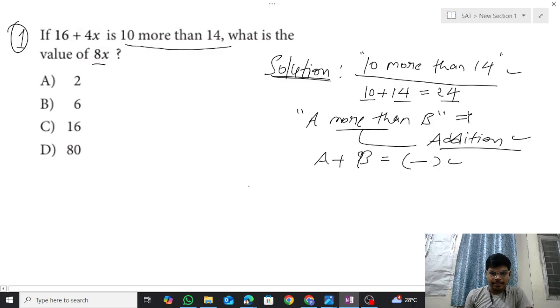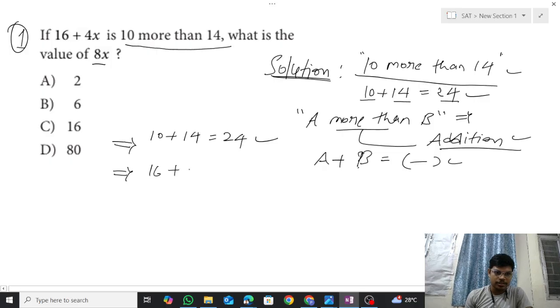Let's solve the question and see what condition it creates. 16 plus 4x is 10 more than 14. So 10 more than 14 is equal to 24. Sorry, this is 4x.